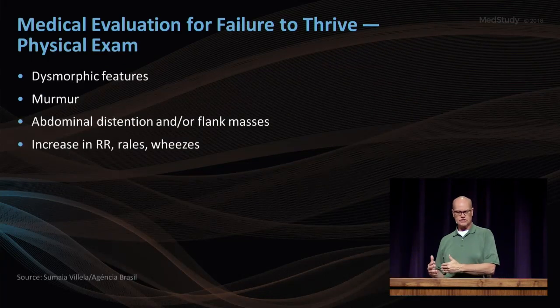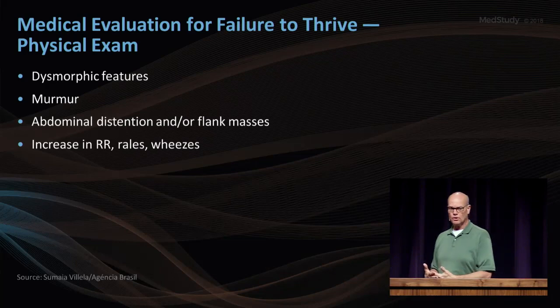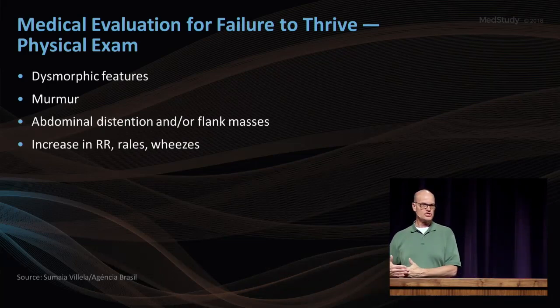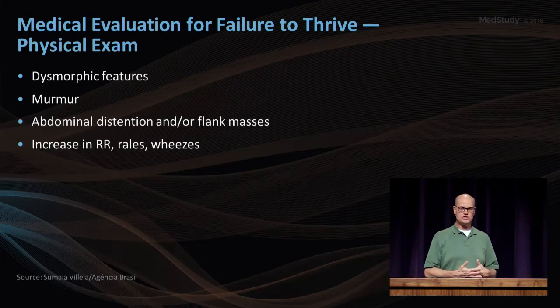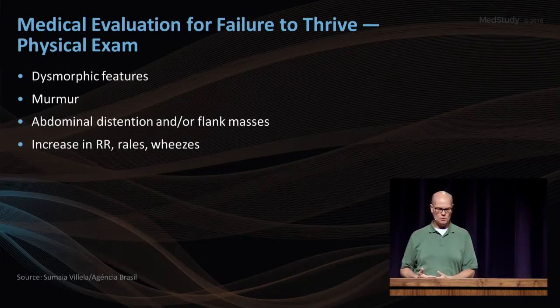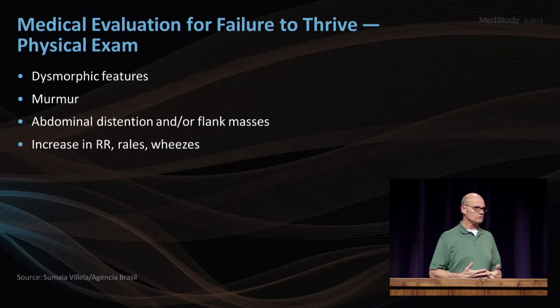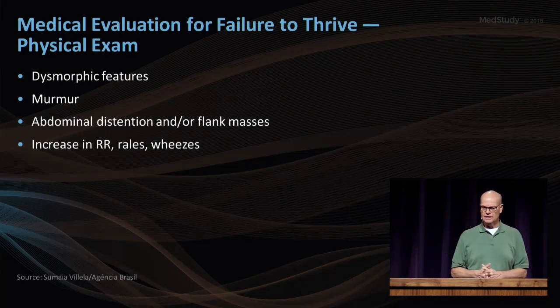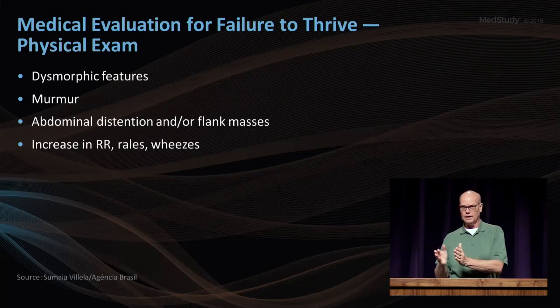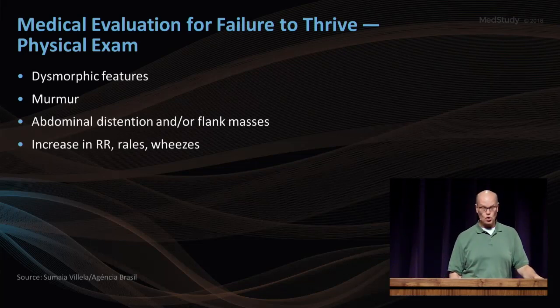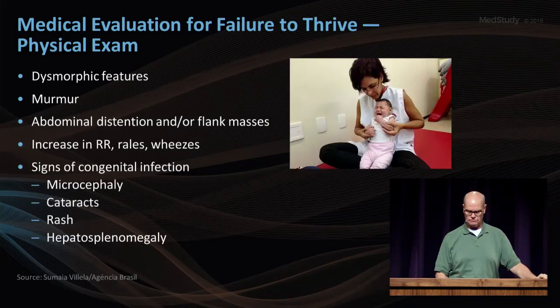Now you're on to the physical exam. Now, obviously, if there are dysmorphic features, there's a significant murmur, if there's an abdominal mass to suggest a Wilms or a neuroblastoma, or signs of respiratory distress, then obviously this will merit more of a workup than one would normally perform when considering psychosocial factors of failure to thrive.